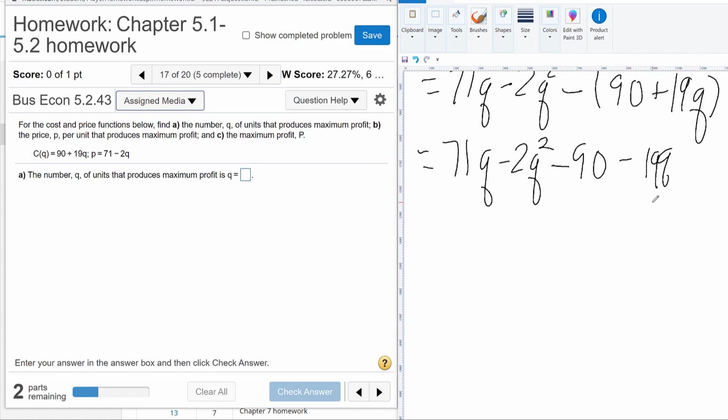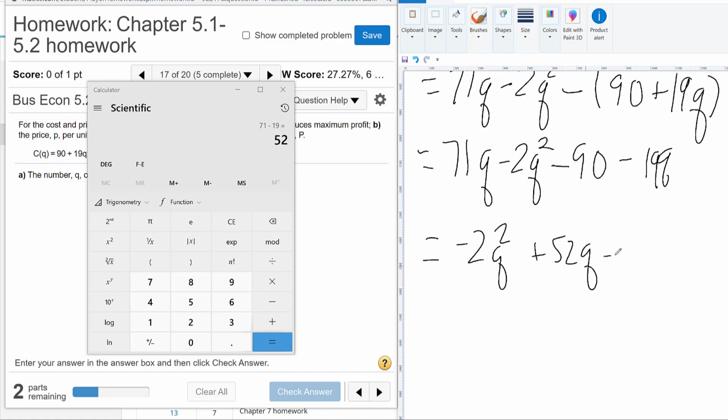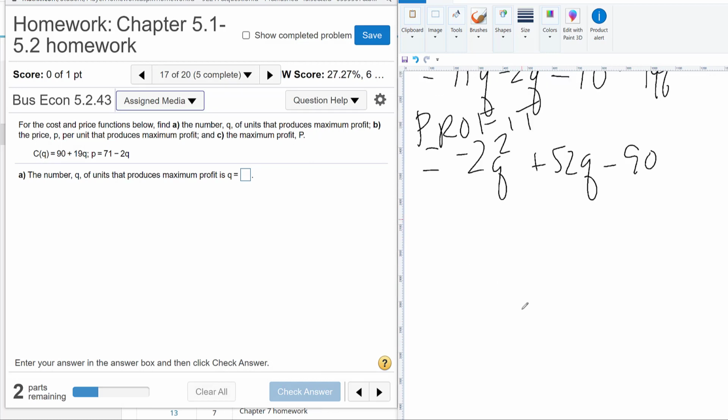So we do have some Q terms that can be combined. I've got a 71 minus a 19. So that's going to give me negative 2Q squared plus 52Q minus 90. Now that is the equation for the profit. We want to find the maximum of this profit. So we need to find the derivative.